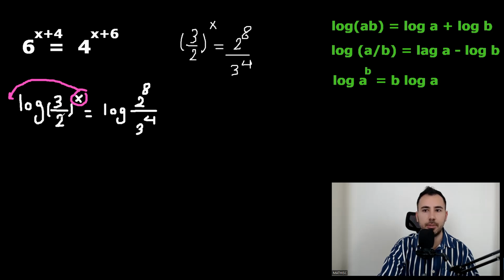And this is going to be 3 over 2, and I'm going to use this one as well. So the result will be, I'm going to write it here, x, okay, logarithm 3 minus logarithm 2, okay?